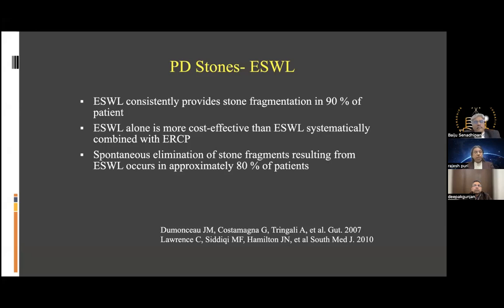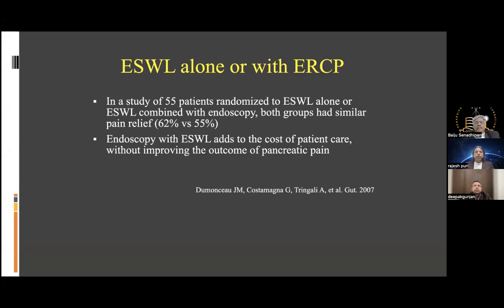If there's no stricture on the MRCP, and there is a stone only, do a good ESWL. In around 70 to 80% of the time, you don't require a pancreatic sphincterotomy or an ERCP to remove the stones. Spontaneous elimination of the stone fragments after ESWL is seen in around 80% of these patients.